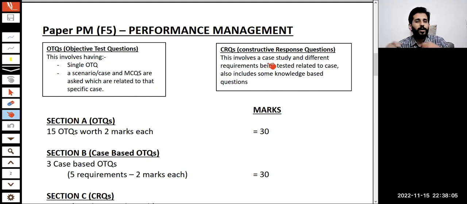By the way, how many of you are having difficulty or facing a challenge in paper PM? Can you please write in the chat box, because due to some reason I cannot open the mic, and I just want you to type. Is there any challenge that you are facing in paper PM?